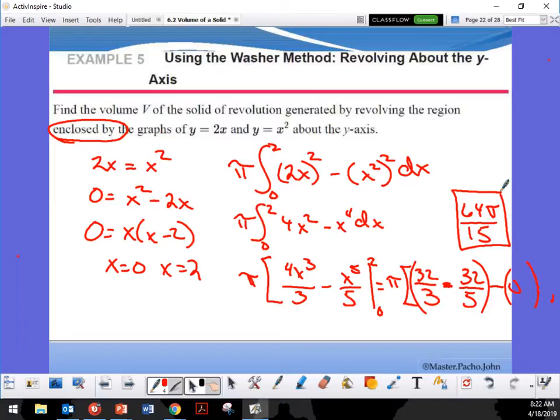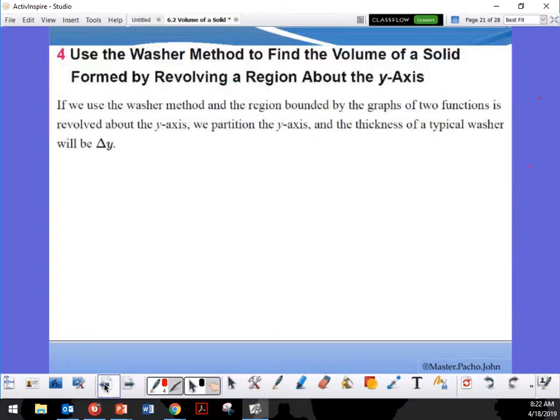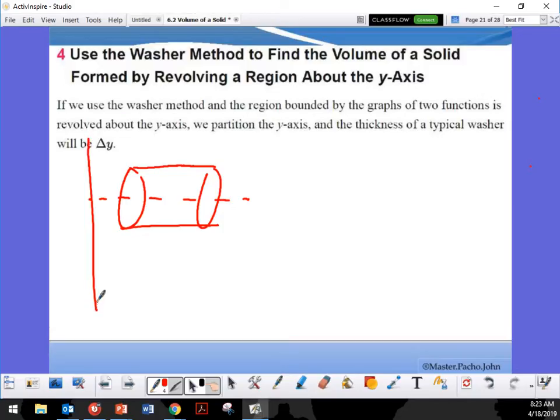Okay, remember when we were talking about this, I'm going to show you. This is a cylinder, right? The volume of a cylinder is pi r squared h.